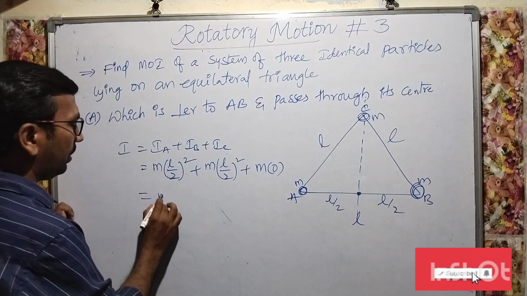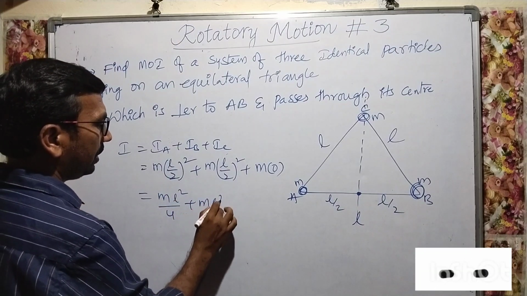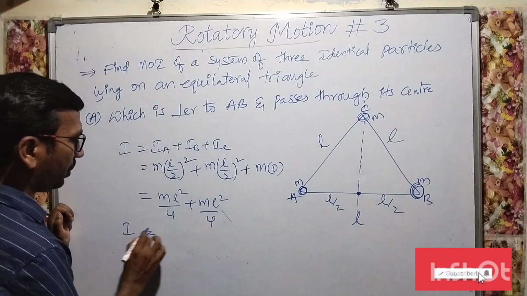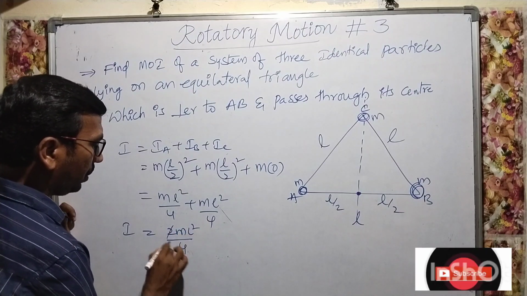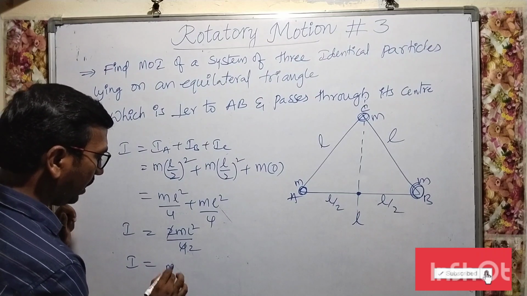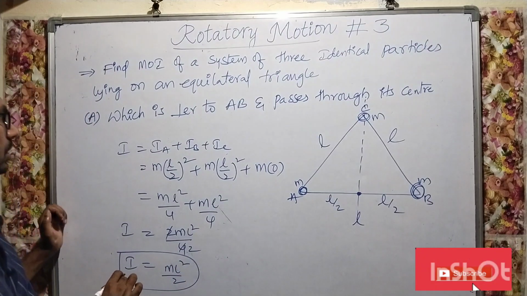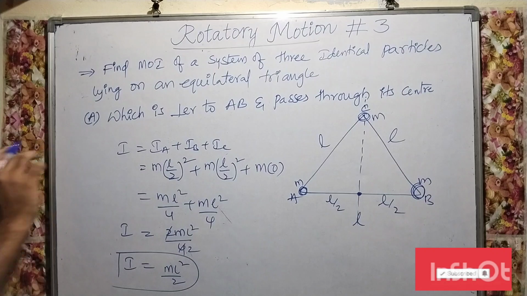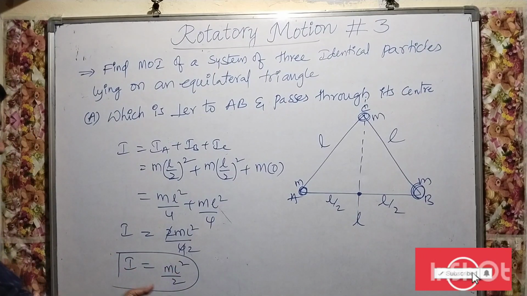So M L square by 4 plus M L square by 4. The total I is 2 M L square by 4, which is M L square by 2. So for the axis perpendicular to AB through its center, I is equal to M L square by 2.